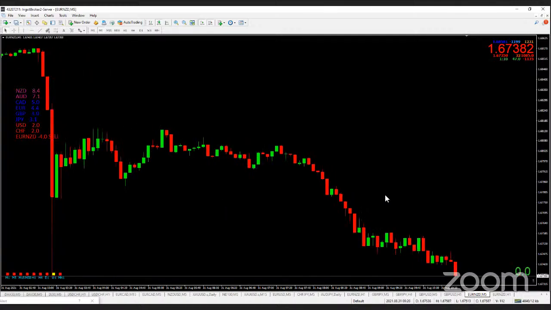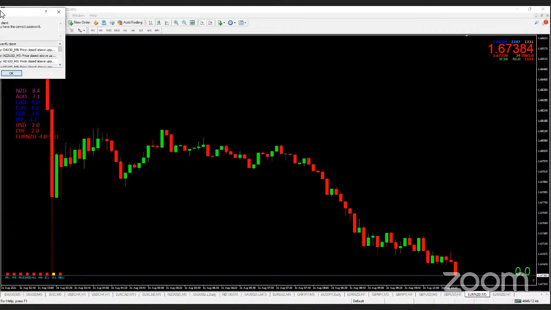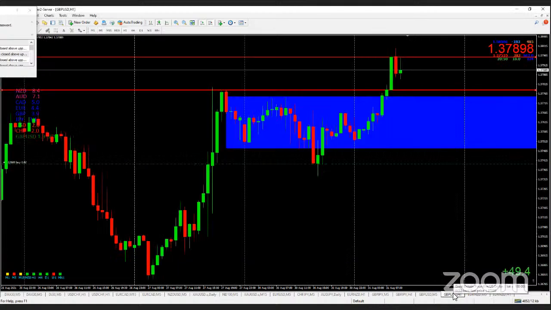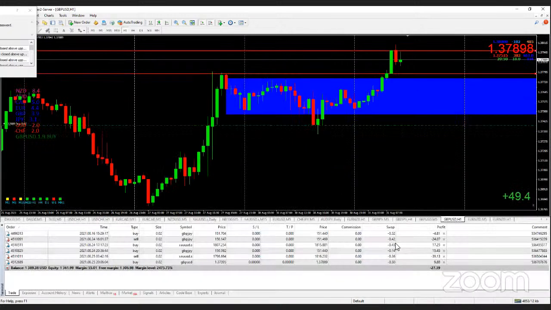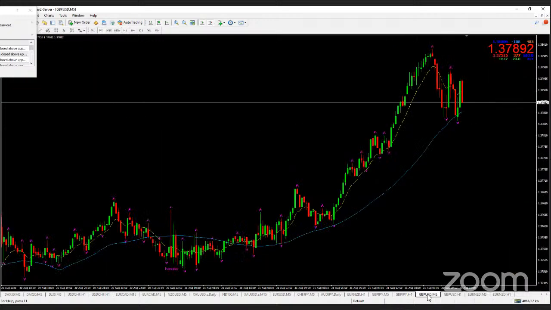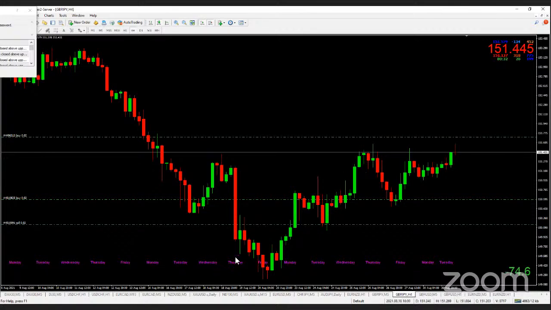And this is the MT4. Okay, as you can see, I am in some trades already.